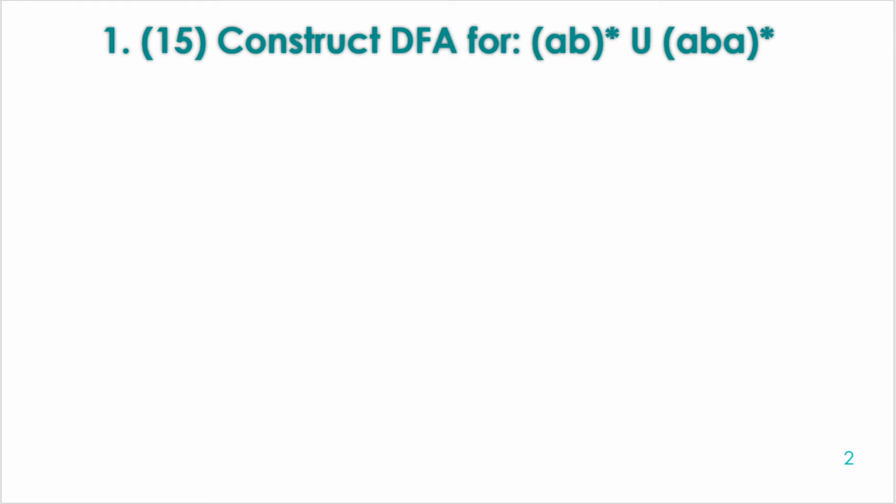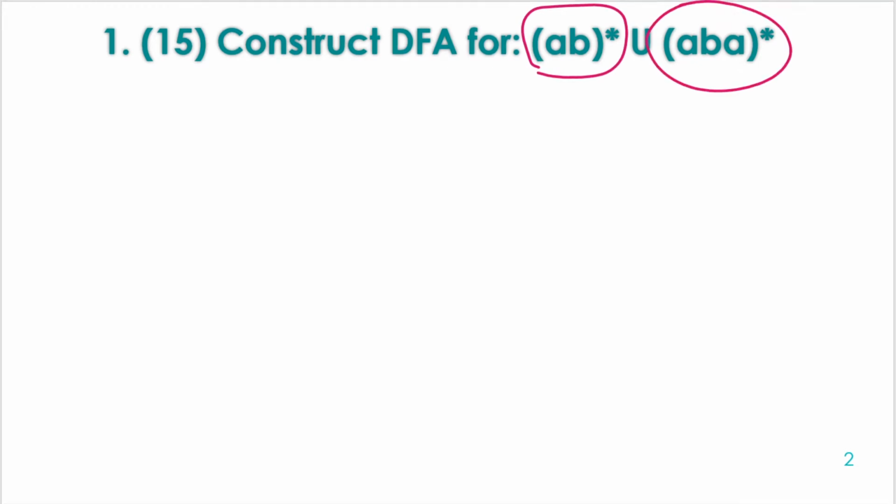the first question is to construct a DFA for this given expression. As we can see, the expression is given with ORing. By ORing we mean that either we need this pattern only or this pattern only. So here, as we have ORing, only AB's will be acceptable, or ABA will be acceptable.